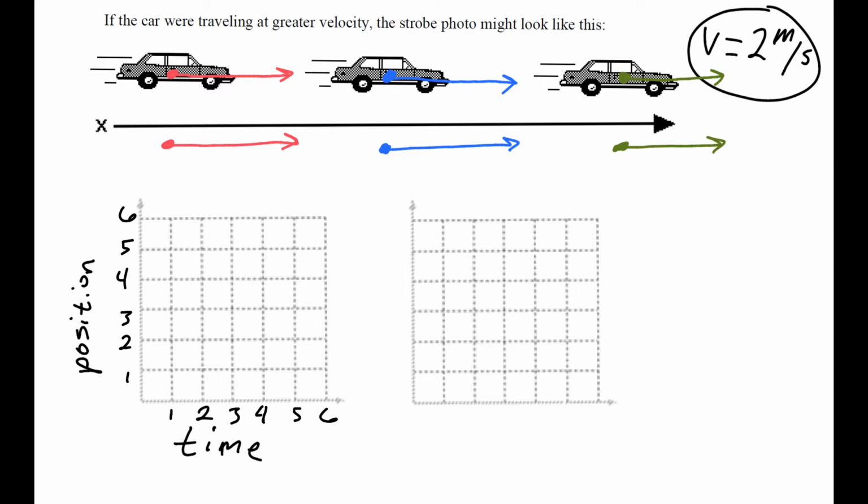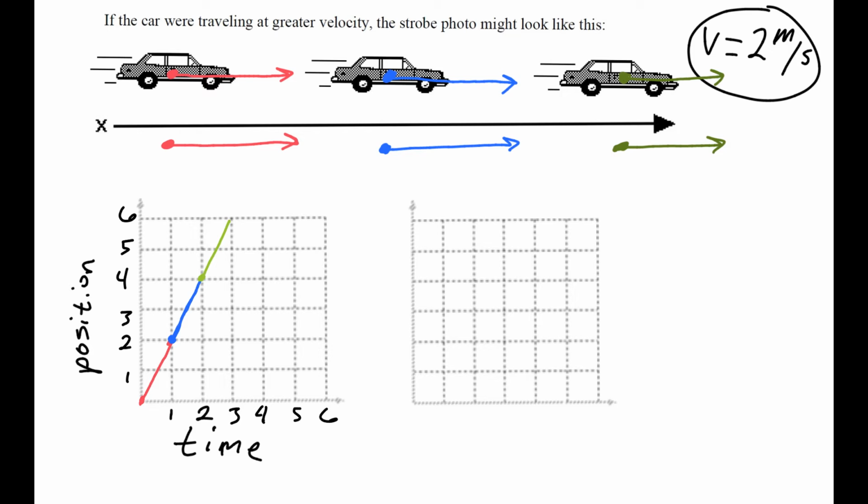Starting off with our first one, since it's going 2, we're going to start at the origin and go up to 2. Then our second one starts at this position, continuing, and goes up to that position. Then finally, our third one starts at this position and goes up to there. And that's our green arrow.